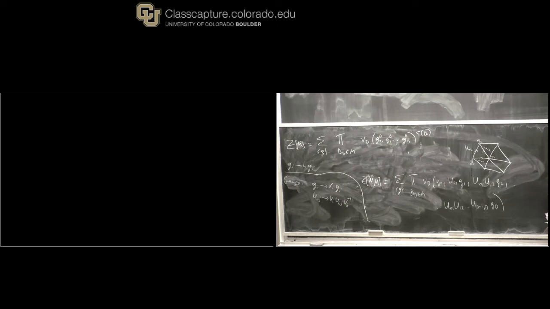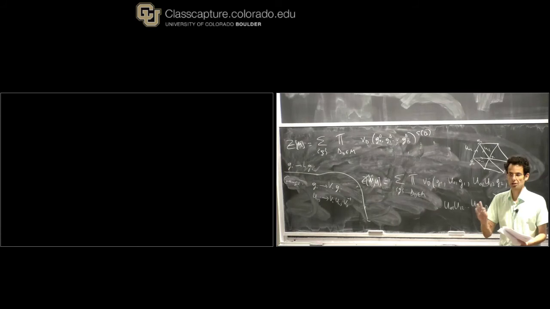Tom? So I'm a little bit confused. You don't have an action for the U's themselves. Is the game that you impose some particular pattern of U's on your system, or are the U's themselves going to be dynamical variables? I can play either game.